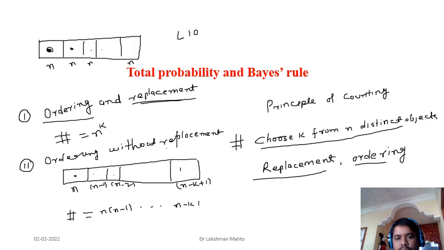So this is the way to calculate choosing k objects from n distinct objects.